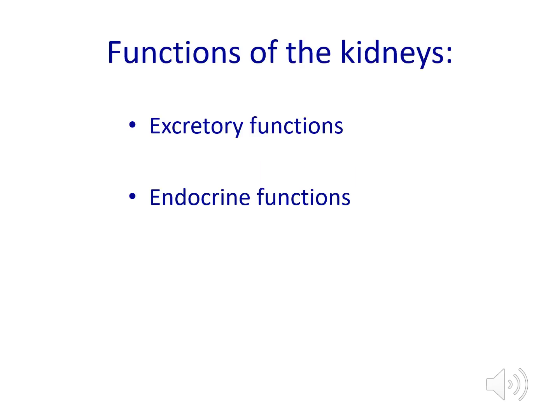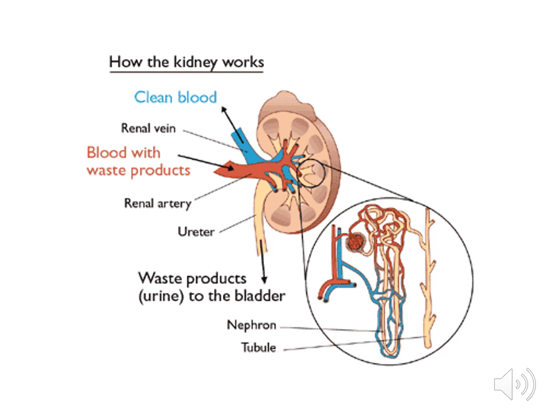Okay, so the kidneys have two main kinds of functions. There are excretory functions and endocrine functions. Okay, let's talk about the excretory functions first. So you know the kidney's job is to filter the blood, and as it does that, it saves the things that you need, and it gets rid of the things that you don't need.